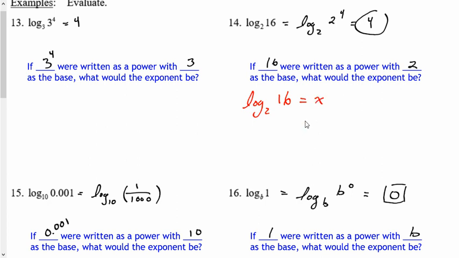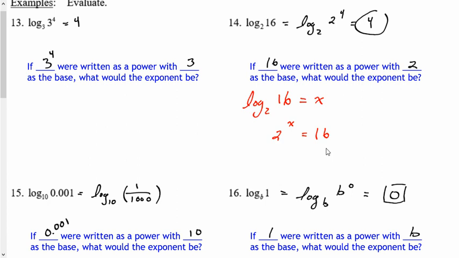We learned on the previous page how to rewrite this in exponential form. So let's do that. Here, the base is 2. A logarithm is an exponent, so the exponent is x. This equals this power, the argument that the logarithm is operating on, that's equal to 16.